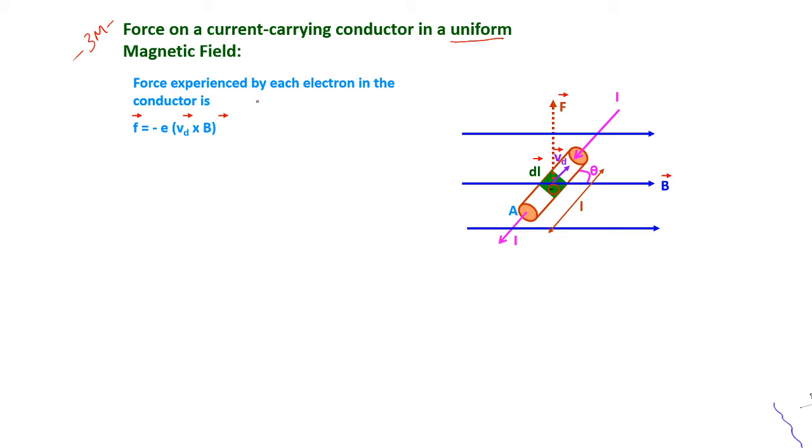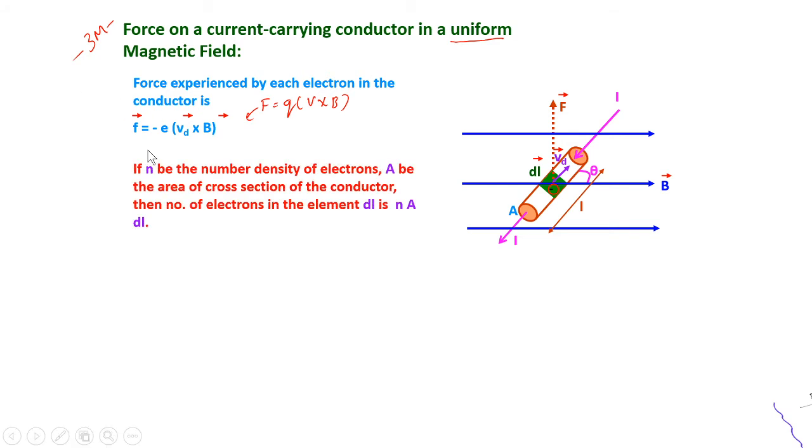You know this formula, right? F is equal to q into v cross B. Negative sign because the charge of an electron is negative, and Vd is the drift velocity of the electron.